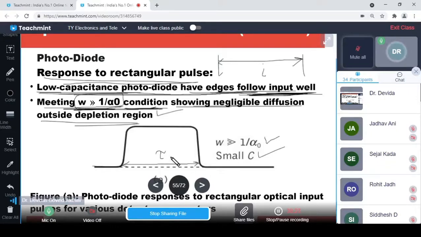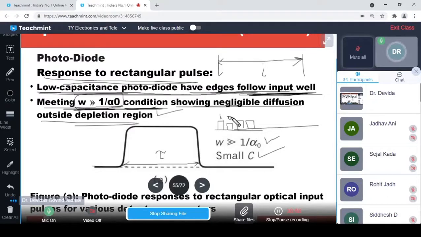Because on the time scale we are placing rectangular pulses as symbols, maybe ones and zeros, like this: 1 0 1 0.